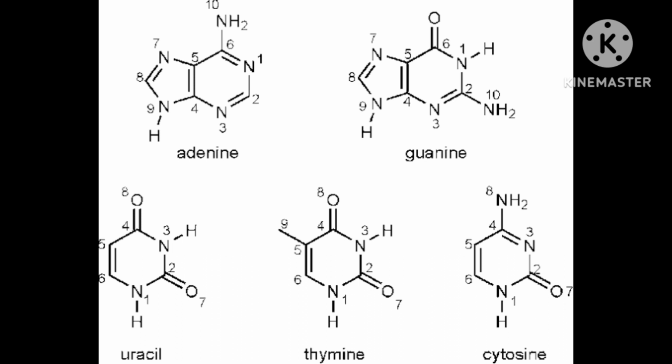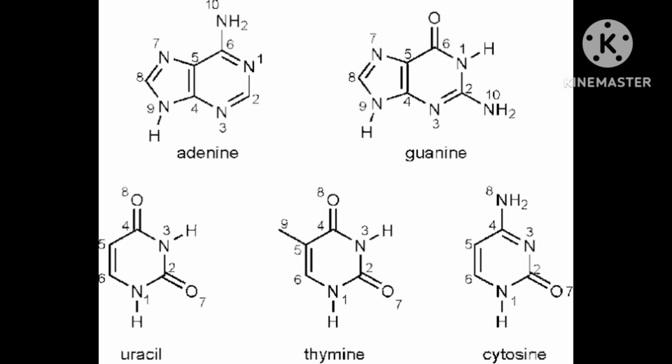Then here again in the 6-membered ring, same as in adenine and guanine, there are 3 nitrogens. Correct? With the first carbon, NH2 is attached, and after that there is N, then C and N with a double bond.